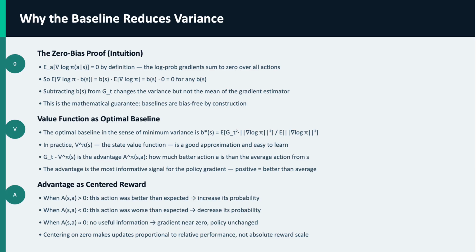Therefore, the expected value of the score function times b(S) is b(S) times 0, which is 0. For any b(S), subtracting b from G_t changes the variance of the estimator, but not its mean. It's bias free by construction.